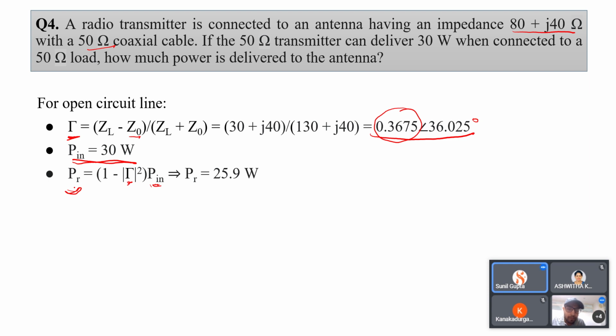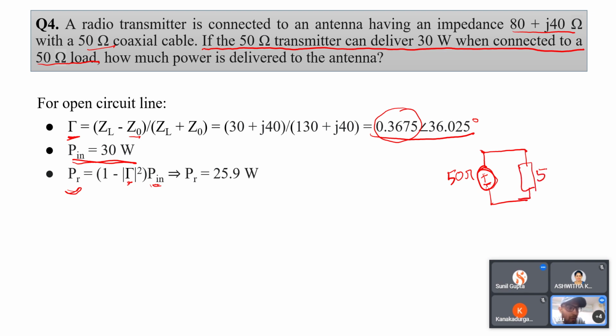Sir, how have we taken this input power from the second case, sir? See, you can read the question once. He is saying that if the 50 ohm transmitter can deliver 30 watt power when connected to a 50 ohm load. He is giving an example: suppose you have a source with an internal impedance of 50 ohm, and now you want to connect this source to a load of 50 ohm.